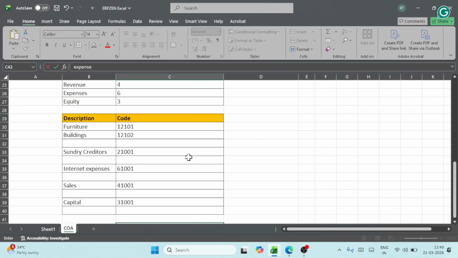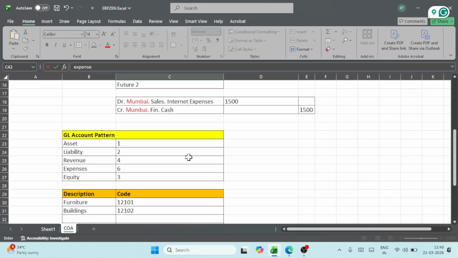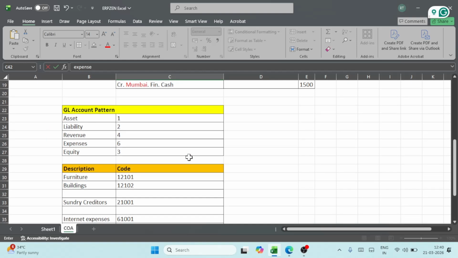Now we will see the GL account pattern. Anytime you define an asset, it starts with 1 as a value. That means when we define furniture, it should start with 1, like 1 1 1 0 1.